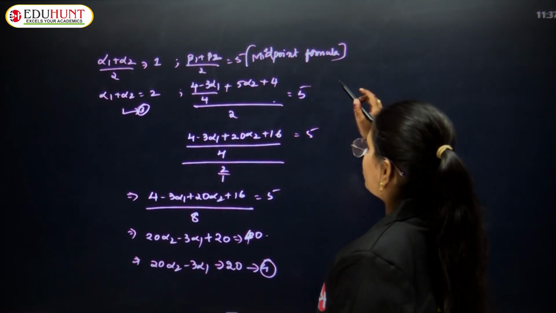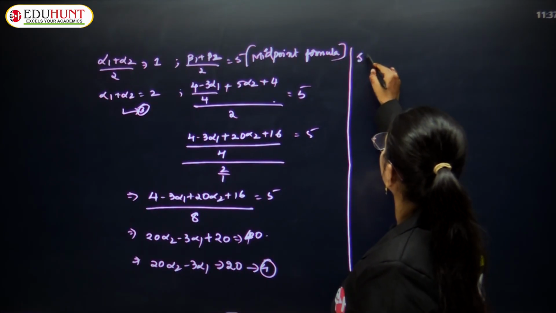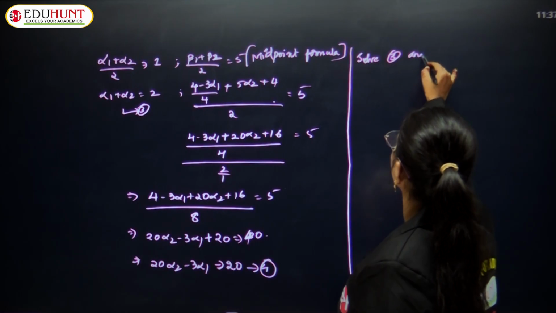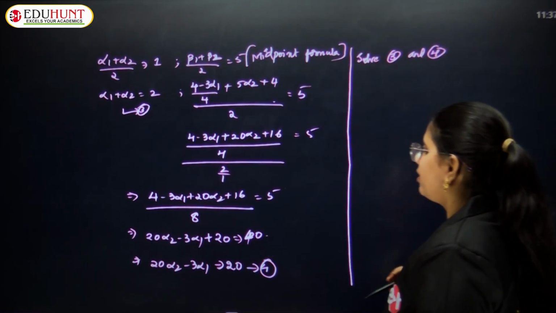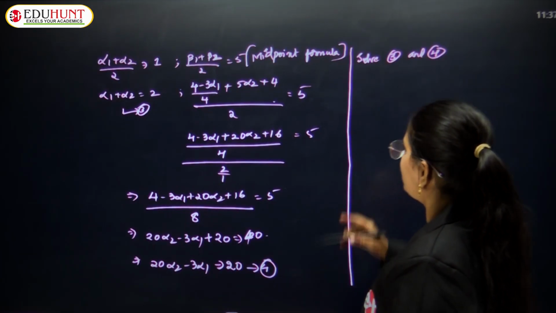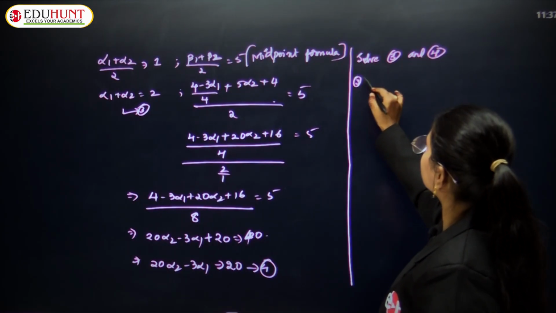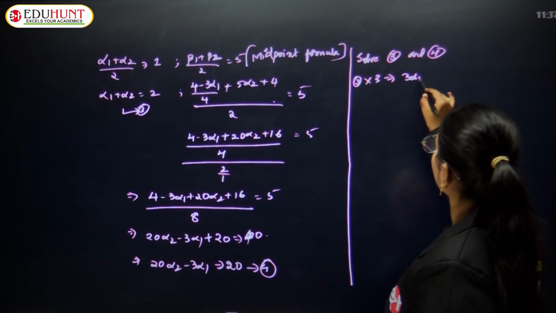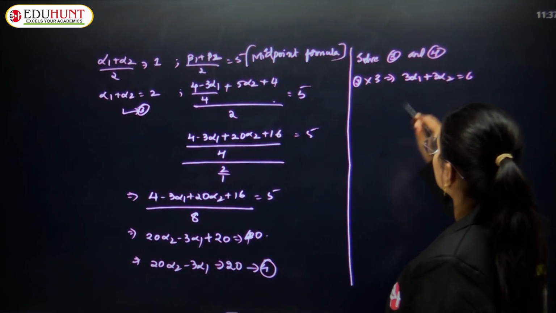Solve equations 3 and 4. Multiplying the equation 3 by 3, what are we going to get? 3 alpha 1 plus 3 alpha 2 is equal to 6.